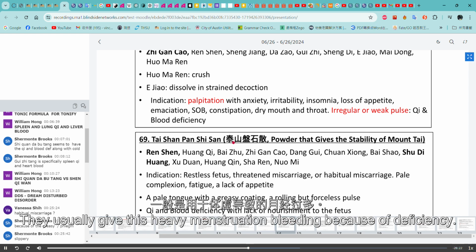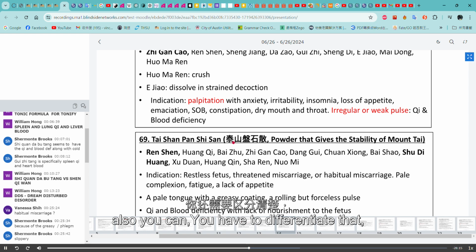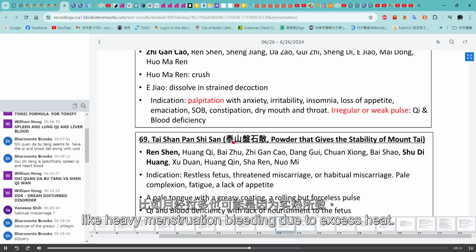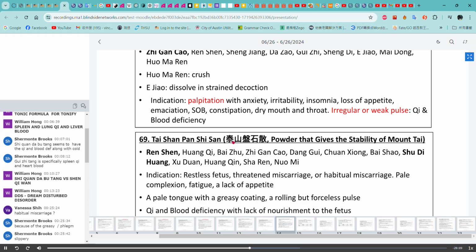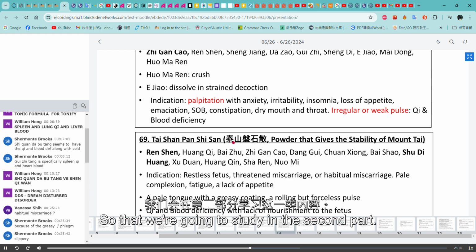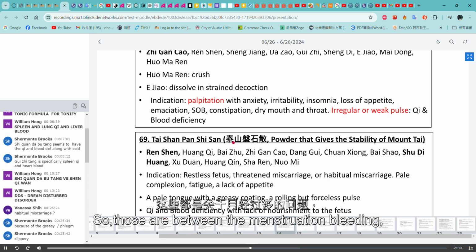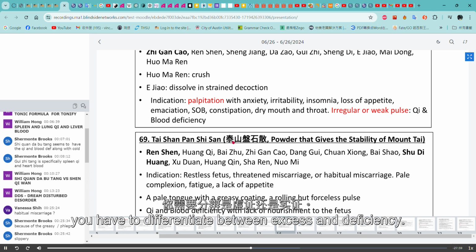They usually give you heavy menstruation bleeding because of deficiency. You also have to differentiate that from heavy menstruation bleeding due to excess heat, Jingwan, right? That we're going to study in the second part. So for menstruation bleeding, you have to differentiate between excess and deficiency.